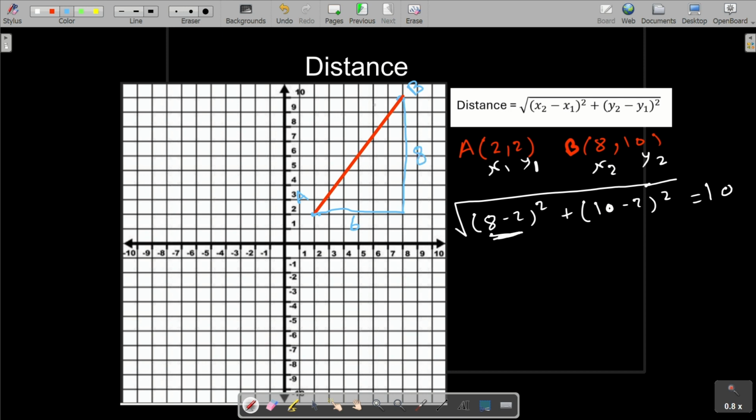All you have to do now, if you are dealing with a right-angled triangle, is use Pythagoras easily. So it's actually 8 squared plus 6 squared. Then you take the square root of that, and it's going to be 10. So when you get x2 minus x1 and y2 minus y1, you get the lengths of these two sides, and then you just use Pythagoras. This is what you are finding here. I'm not telling you that you have to do that every time. No, all you have to do is just substitute in the formula and write the answer as it is.